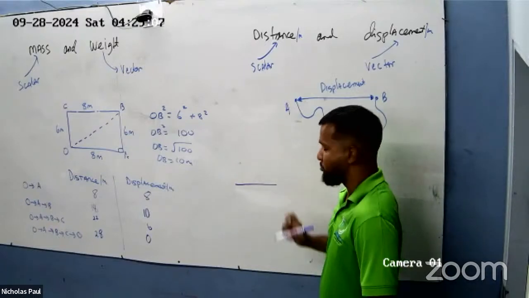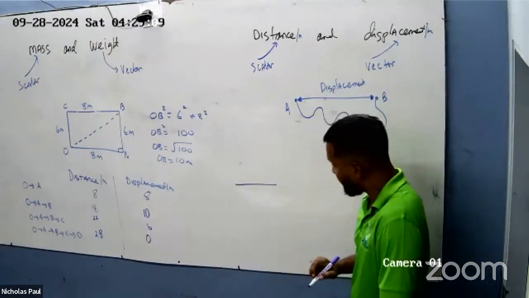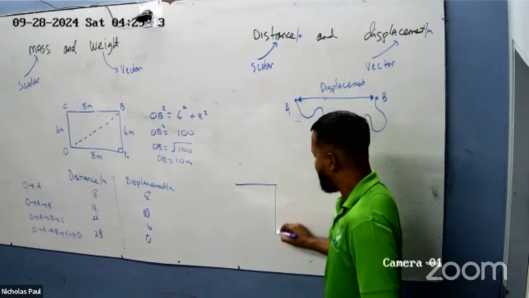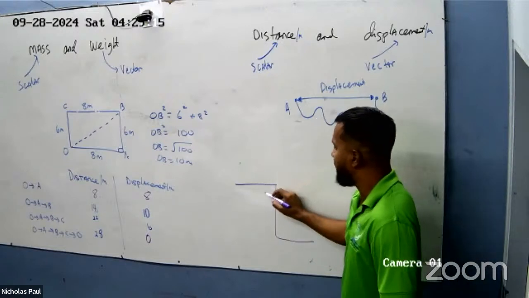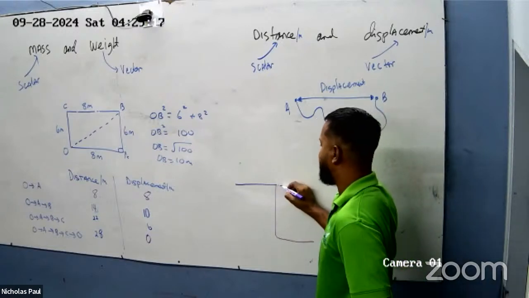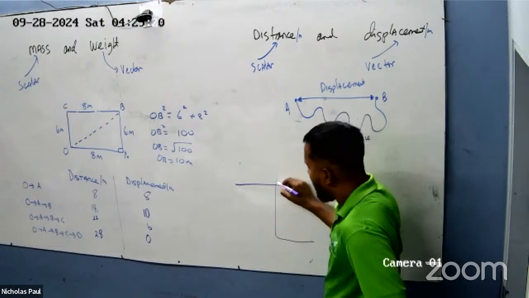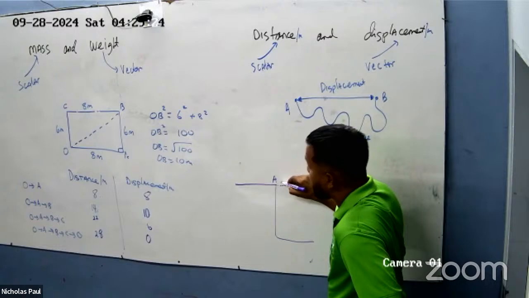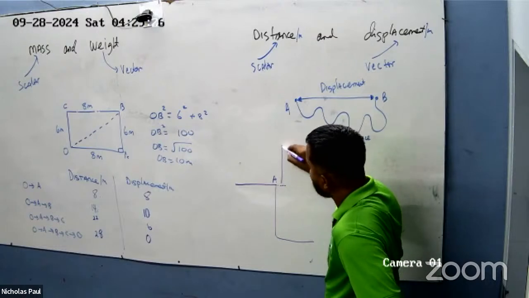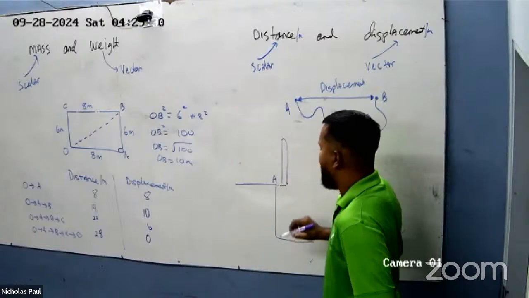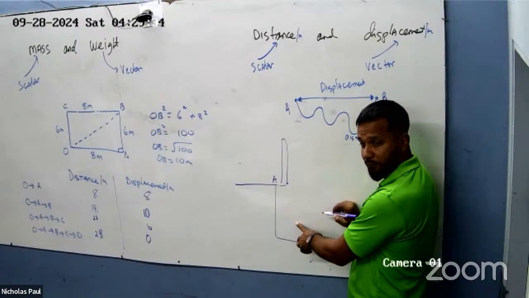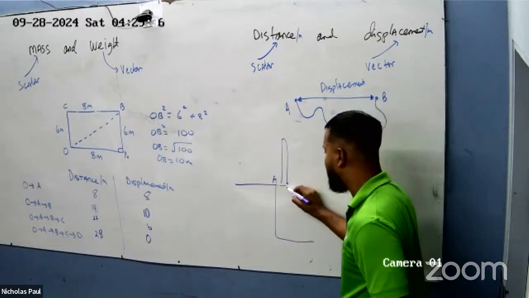Let's say you have an object, you're on a cliff, and you start here. Let's call that point A. You throw a ball up in the air, and then the ball comes back down here. But remember, the ball could go below as well.